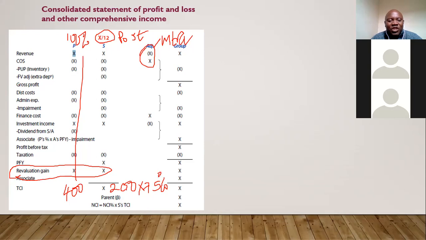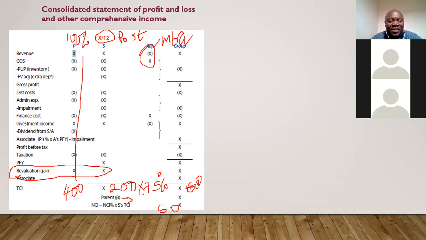So the thing that we are going to do, whatever consolidation that we have, say there, which is 600, we'll get a 25%, which will come and sit here at 50. So the balancing figure, that is what will be attributed to the parent company.